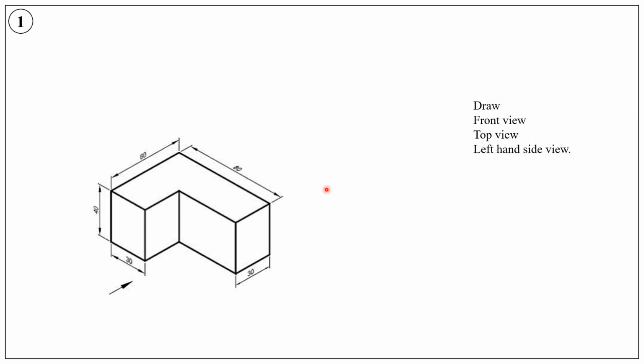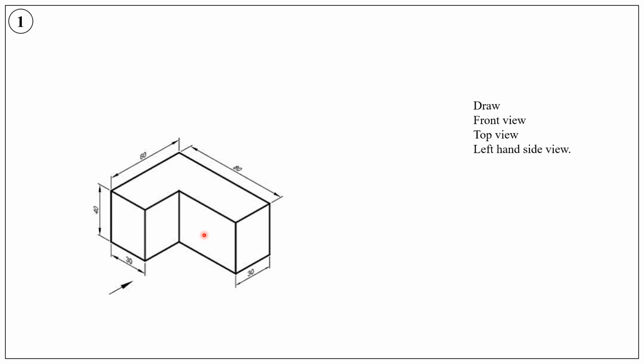We need to draw the front view, top view, and the left hand side view for the object shown here. It is a pictorial representation or an isometric view of the given object.